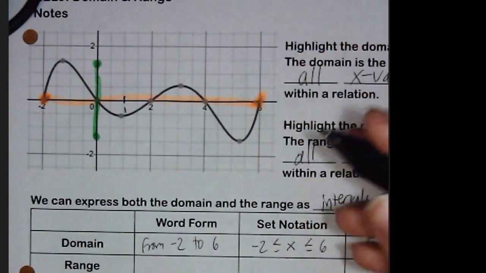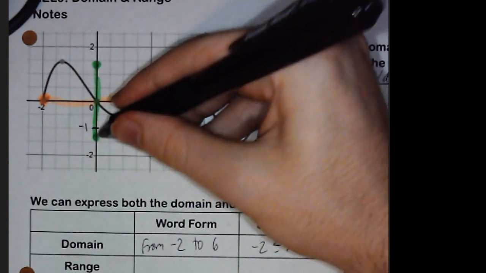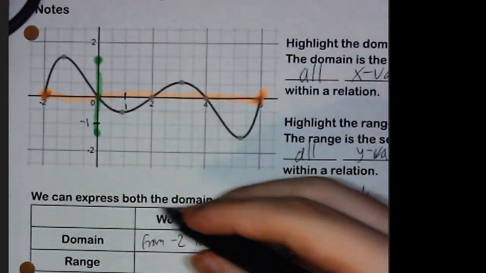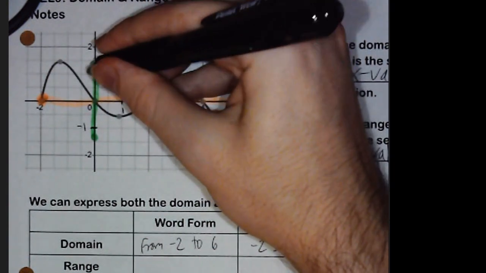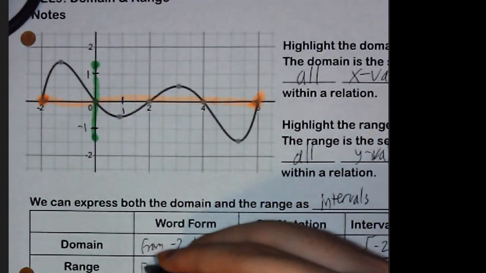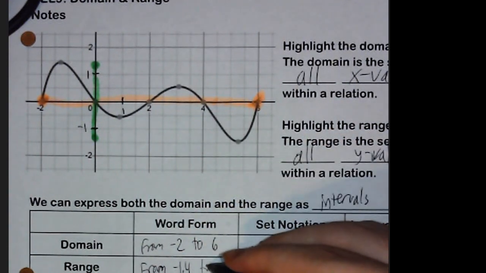So right here, this is going to be -1. And so we're at about, I'd say, -1.4. And we end up at +1.4. Because again, 1 is right here. So we end up with an interval from -1.4 to +1.4.